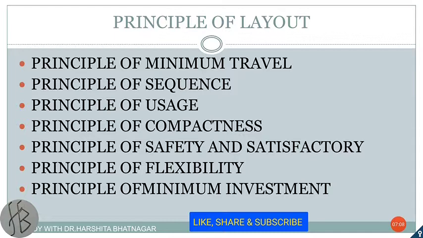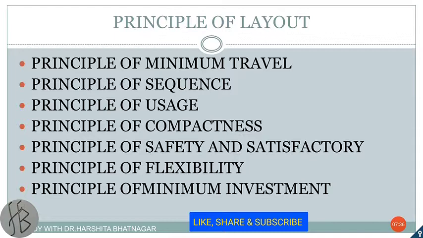Principle of compactness means machines are positioned at one place and they should be arranged in such a way that it looks like a compact space for producing any product. Principle of safety and satisfaction means whenever you are finalizing your plant layout, you have to keep in mind the safety of the worker.